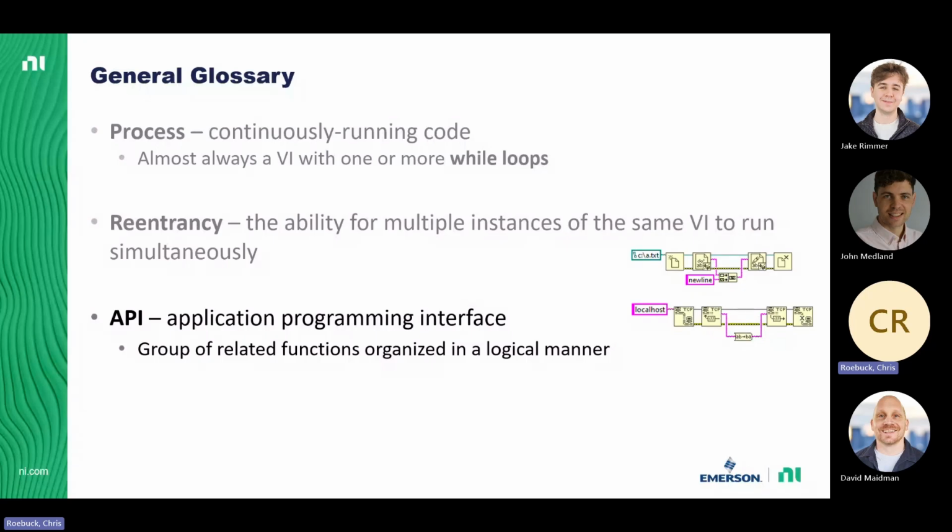An API. When I talk about API, what do I mean? Well, I'm not a computer scientist. I'm a physicist, but to me, an API is effectively a programming interface. We've all probably used the file IO API in LabVIEW, or the queue API, or even maybe the TCP/IP API, and they're a set of functions that simplify the thing that we're interacting with.